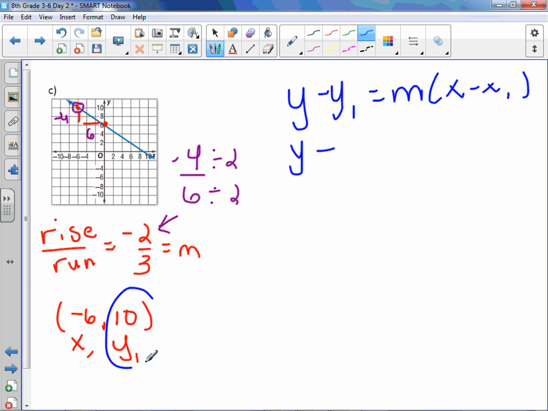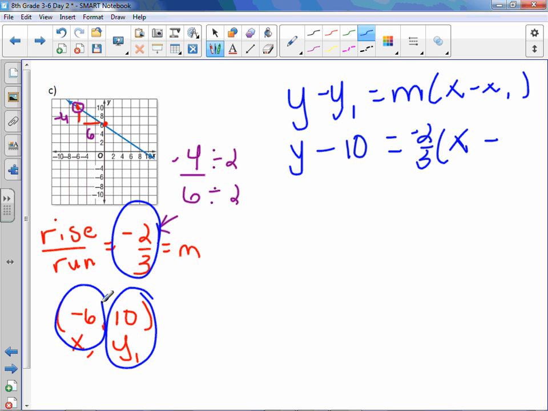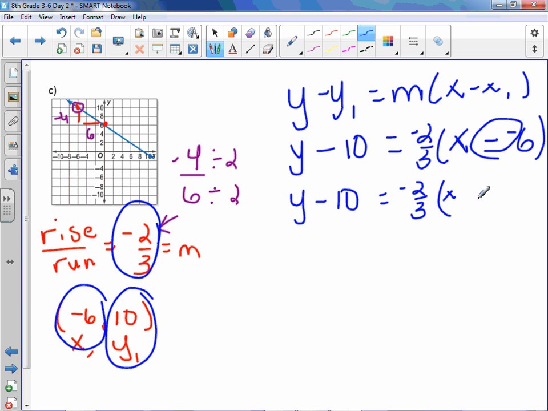Y minus 10 equals, use the reduced version, negative 2/3 times x minus negative 6. Make it pretty. I have a double negative going on here. So y minus 10 equals negative 2/3 times x plus 6. That's our point slope form.